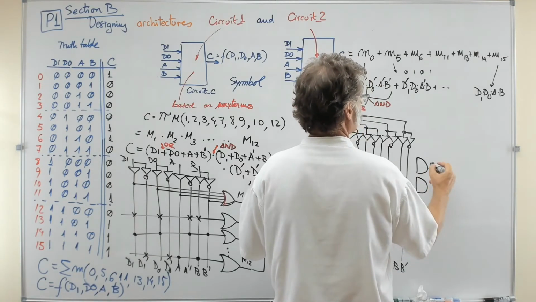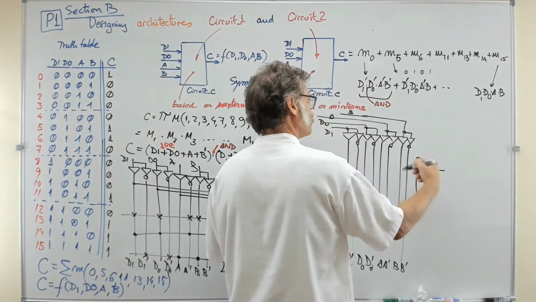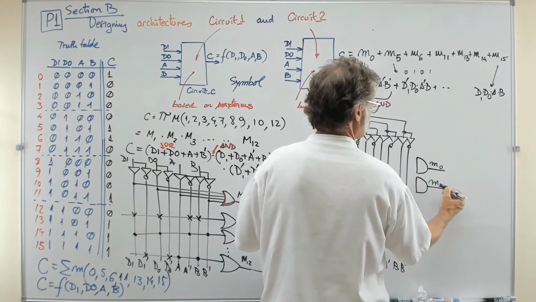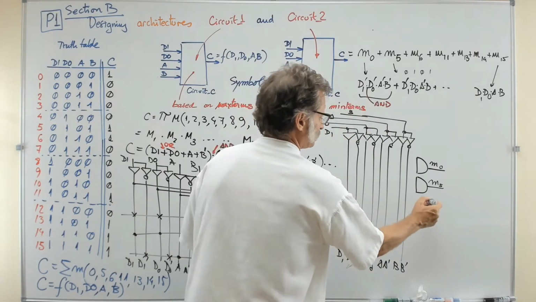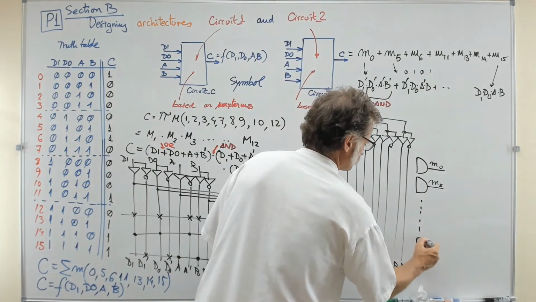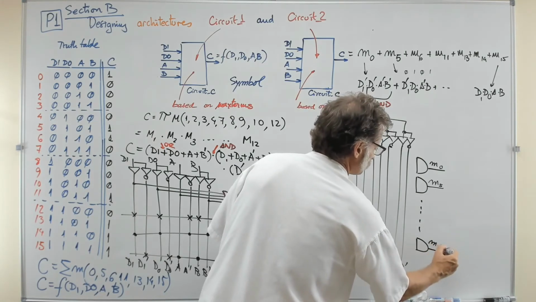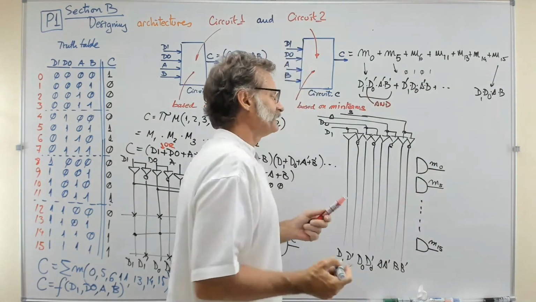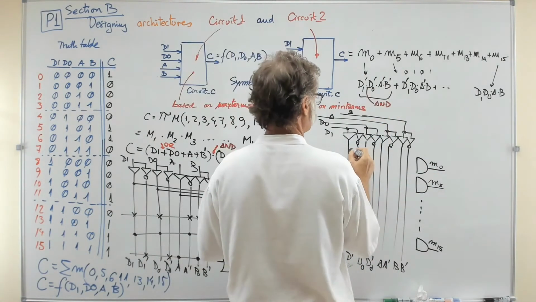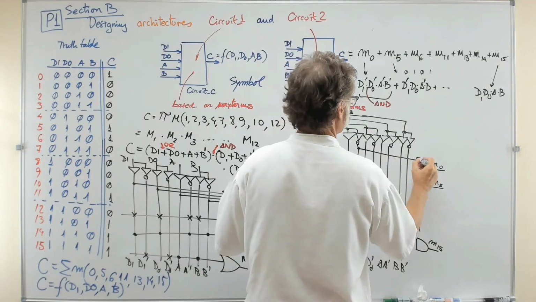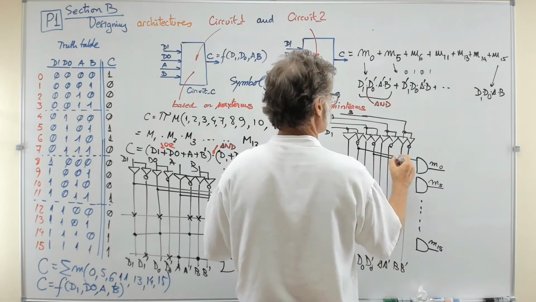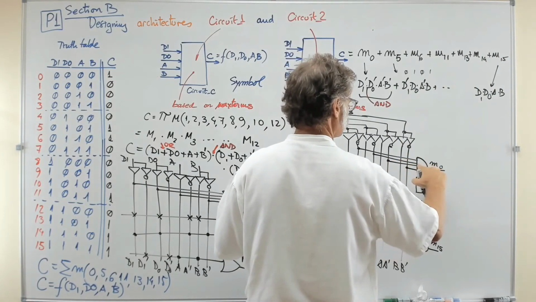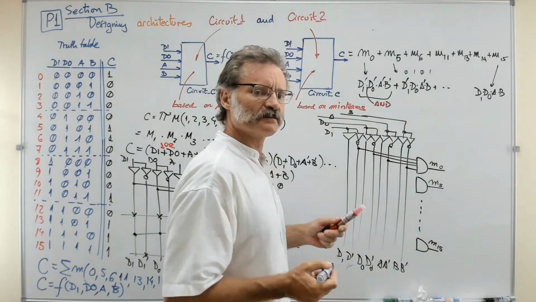So this one is going to be the gate to generate the minterm 0, and this one is going to generate the minterm 5, like this. Down there is going to be the minterm 15, all of them. So what about the minterm 0? Well, like this. You see, you have to use this connection D1 not, D0 not, A not, and B not. This is what is required to generate the minterm 0.